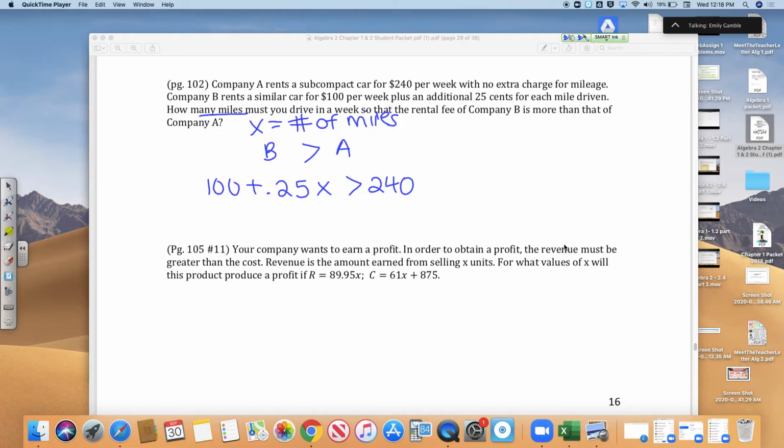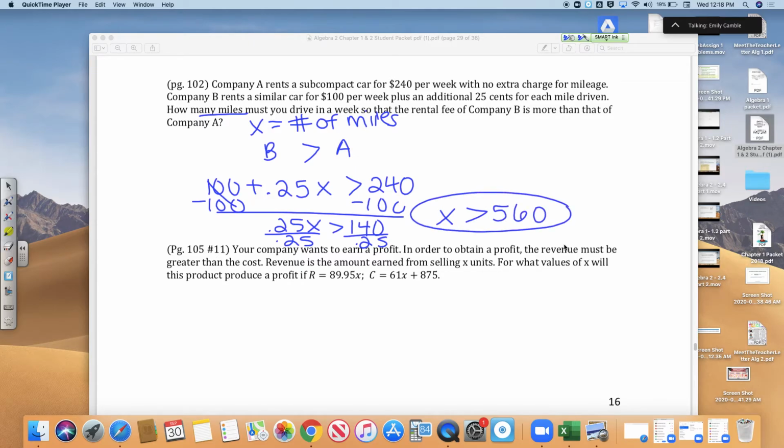Step 1, we would subtract both sides by 100. We get 0.25x is greater than 140. Step 2, we would divide both sides by 0.25. We get x is greater than 560. That means anything more than 560 miles.